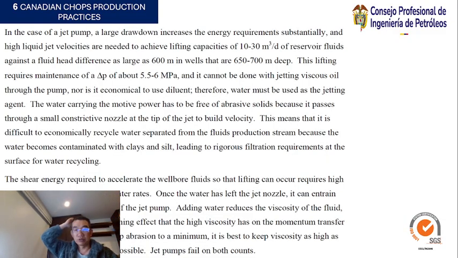Adding water reduces the viscosity of the fluid and therefore reduces the damping effect that high viscosity has on the momentum transfer responsible for abrasion. To keep abrasion to a minimum, it is best to keep viscosity as high as possible and the velocity as low as possible. A jet pump fails on both counts.